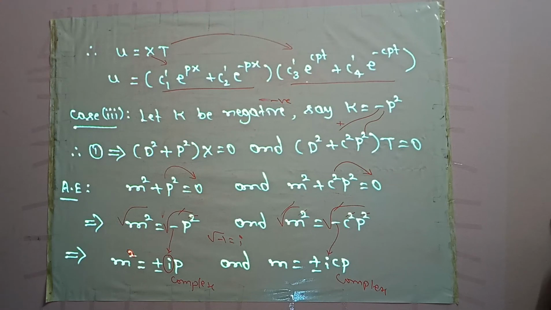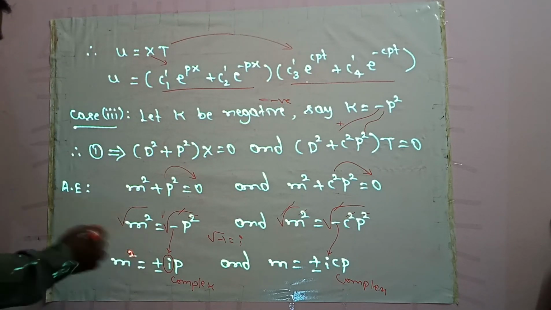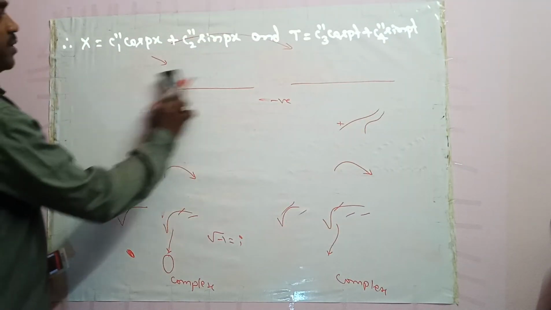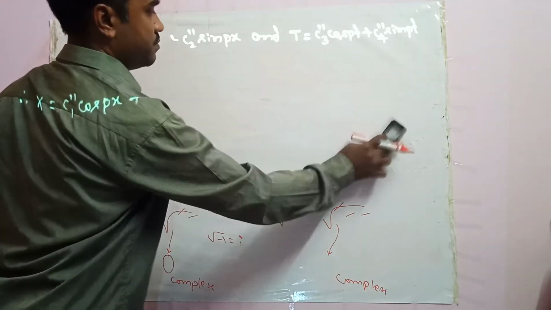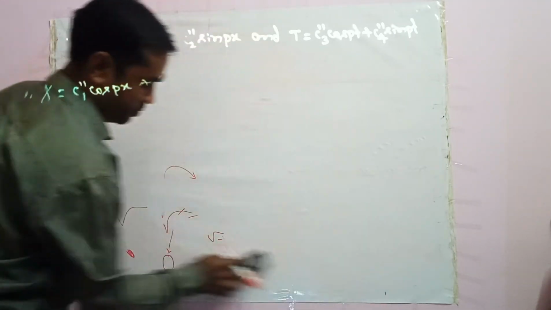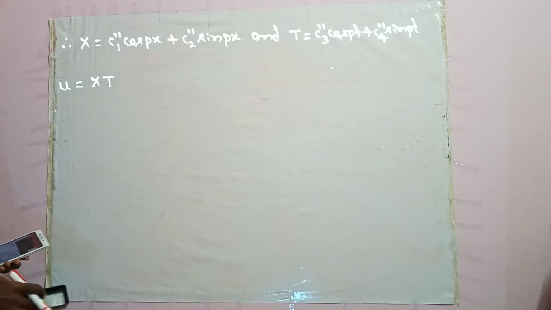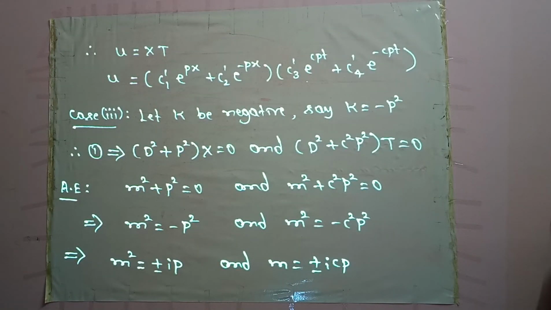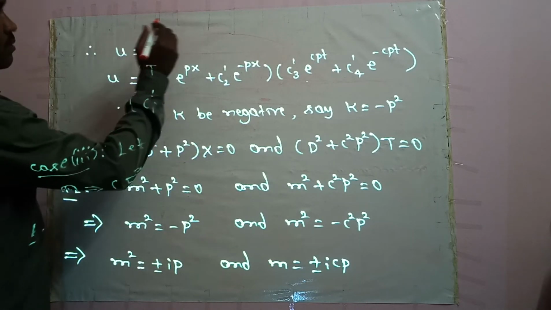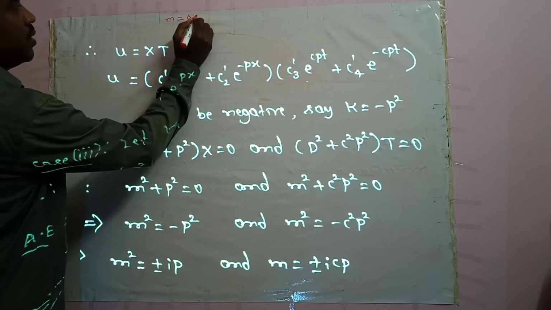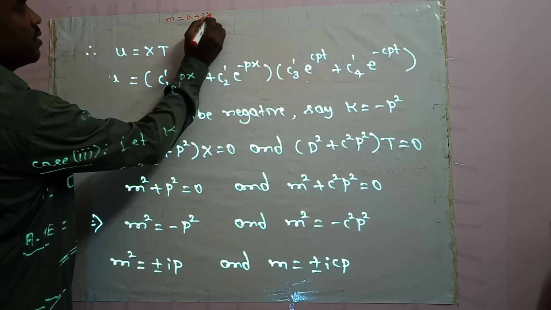We know how to write the complementary function when the roots are complex. Now let us write the complementary function. Suppose you have the root as m is equal to a plus or minus ib.